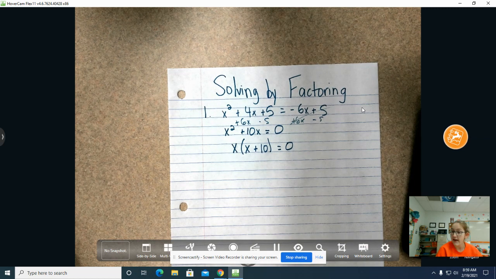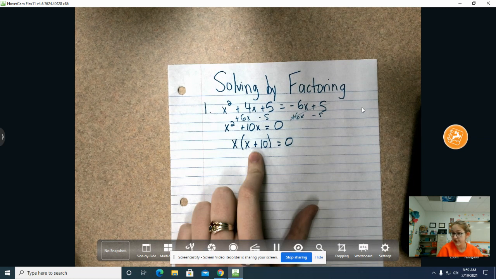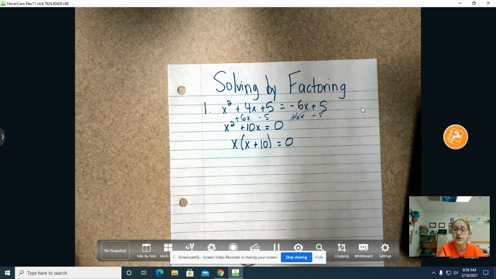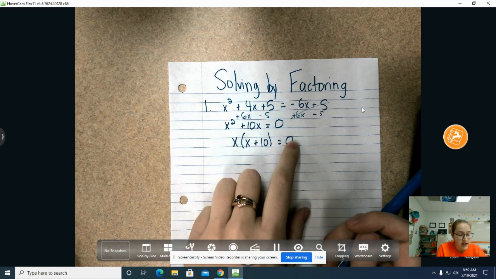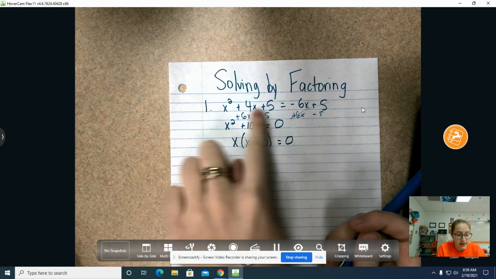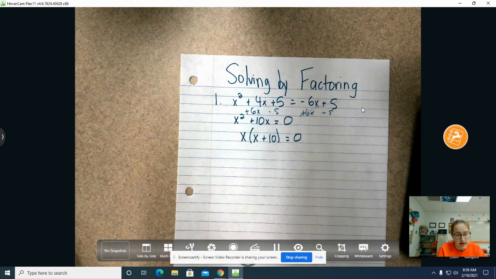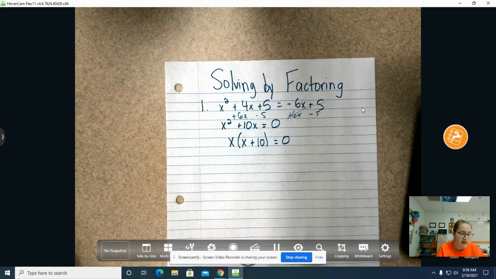So we have this factored, and this is what we learned how to do last unit. Now we're going to take it one step further, and we're going to solve. We're going to figure out what solutions, what values of x make this statement true. The way you do that is by taking advantage of the multiplication 0 rule. I'm blanking on what the mathematical term is at the moment.